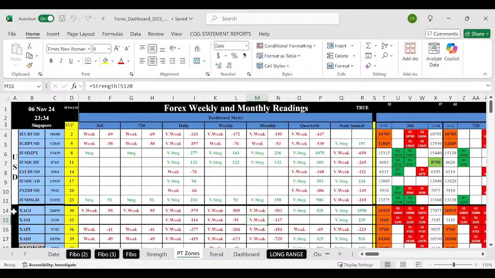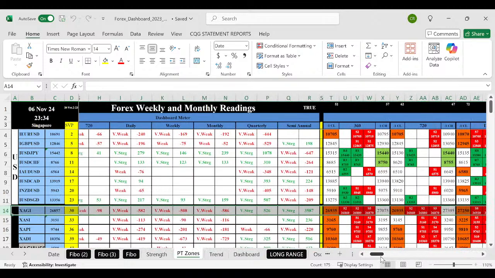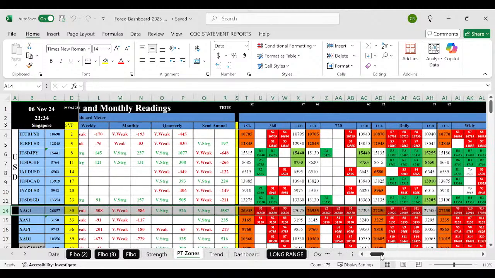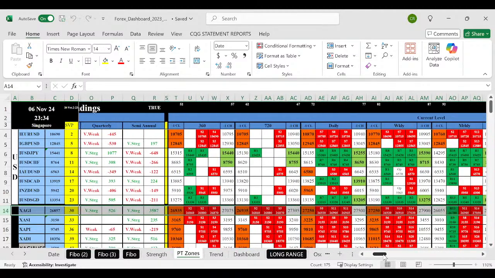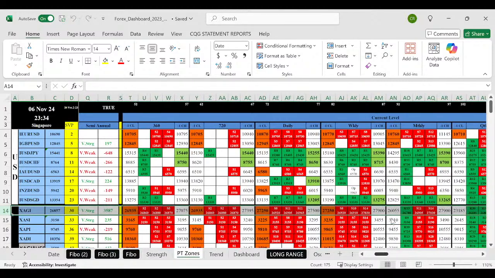So here, when we look into this, the 360 is trading at SR5, and all of 360, 720, daily, weekly are pointing up except for monthly. There is a support at RL zones.